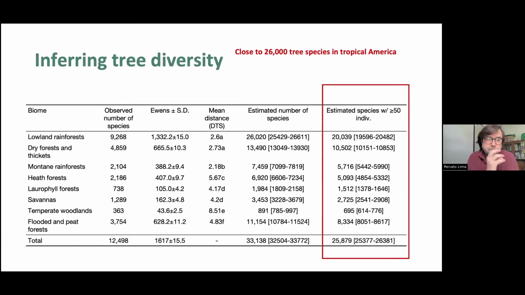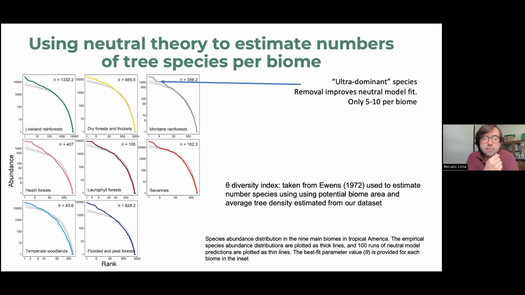So we have the 5 to 10 species that are really abundant, and they are not fitted well by a neutral theory model for the species abundance distribution. But the model describes the rest quite well, to the point that we can compare them and estimate the probable number of species that we would have in each one of those biomes. Next slide, please, Jerome.